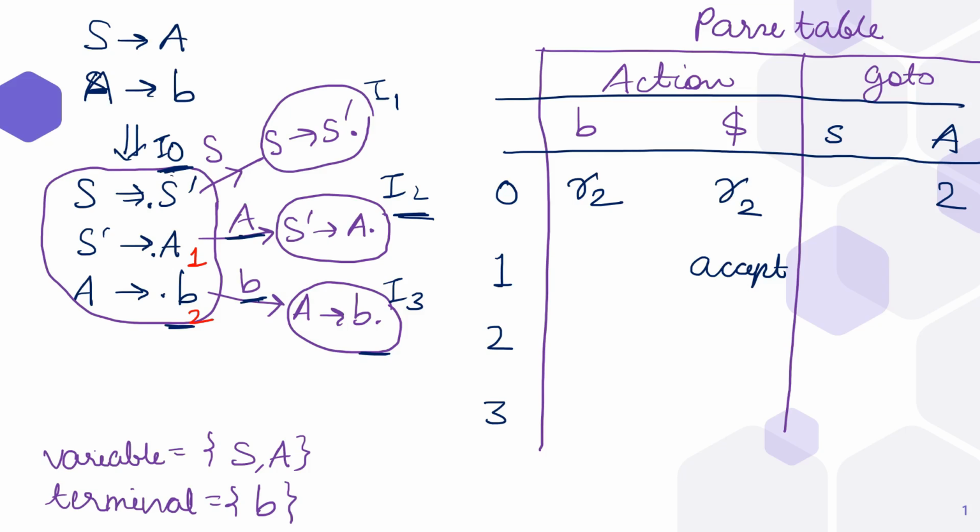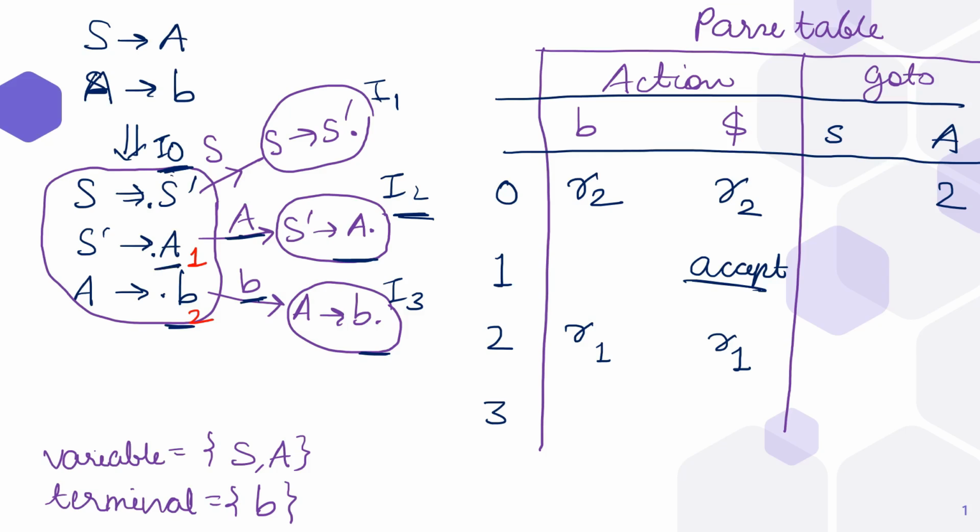Now we would move to I1. I1 is accepted, so we don't have to do anything. Now we would move to I2. In I2, because it is a reduce move, we would write R1 here. And why are we writing 1 here? Because it is the first numbered production.